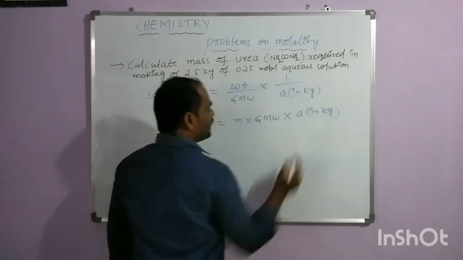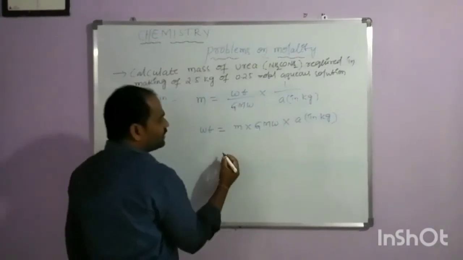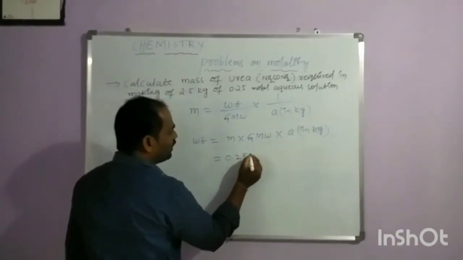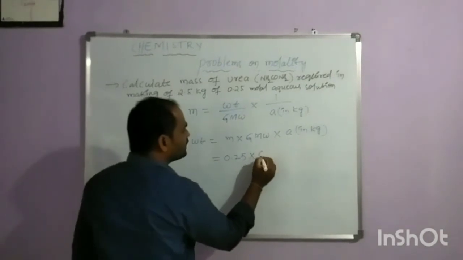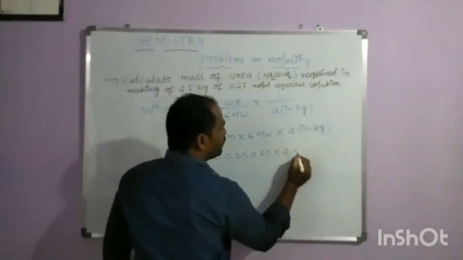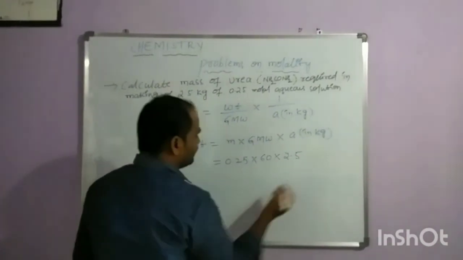The molality of the solution is given, that is 0.25. The gram molecular weight of urea is 60. The weight of the solvent is given, that is 2.5 kg.